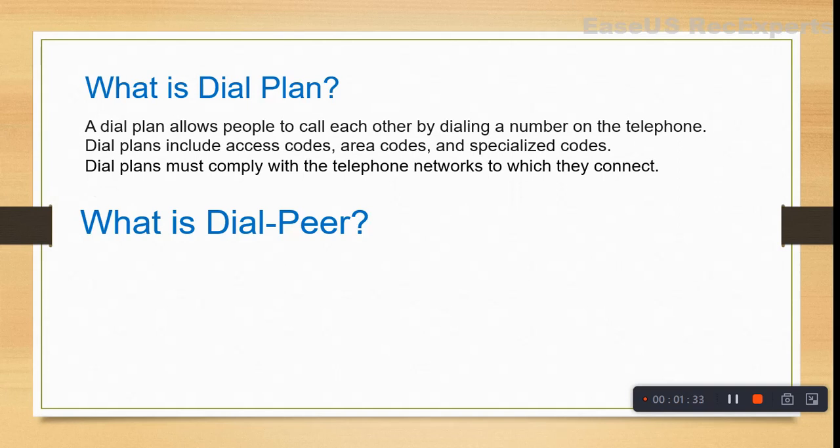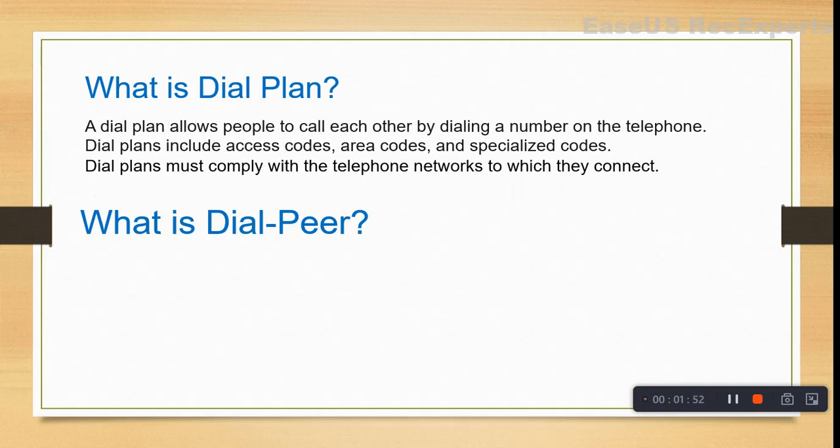So for example, in America you have a 10-digit dial plan, under the North American Numbering Plan, where the first three digits are the area code, and the next seven digits are the local number.